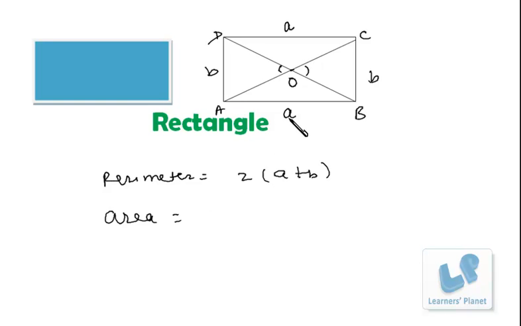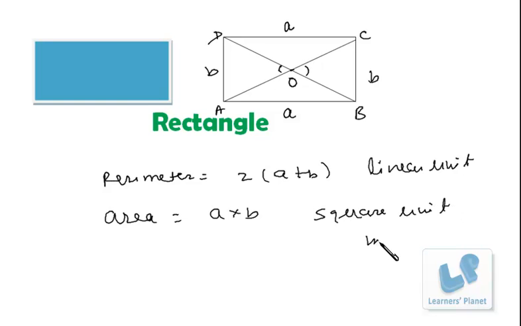Area is the product of sides, that is A into B. The perimeter will be in linear units, I mean to say meter, kilometer, centimeter, something like that, and the area will be in square units, maybe meter square, kilometer square, centimeter square, or square feet. But it will be in square units.